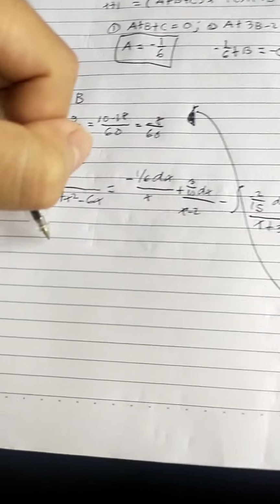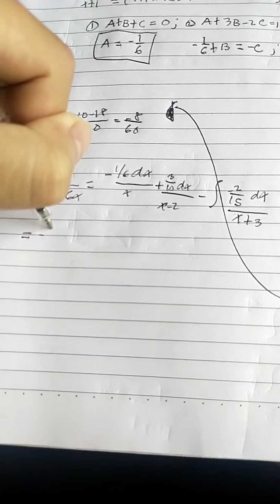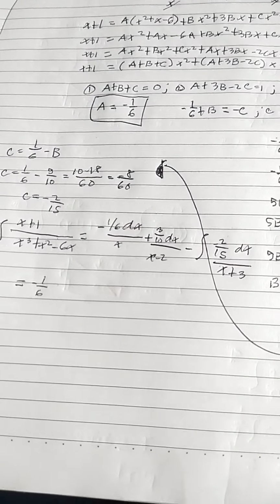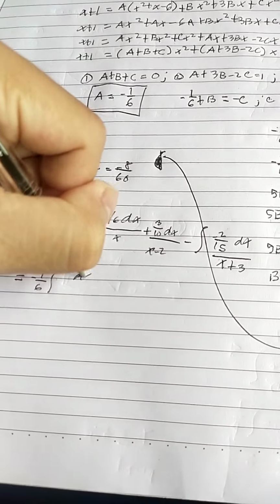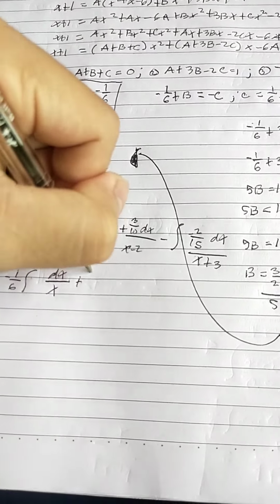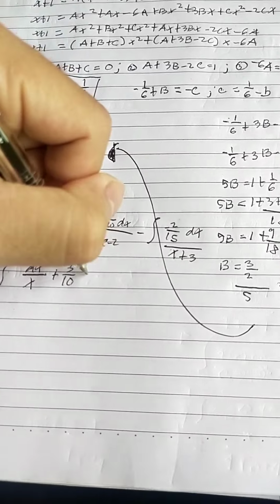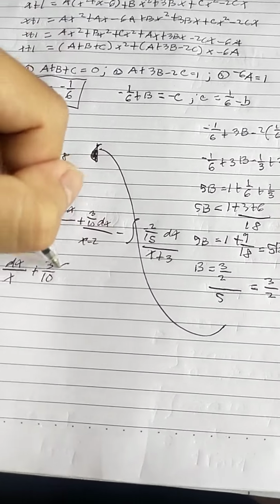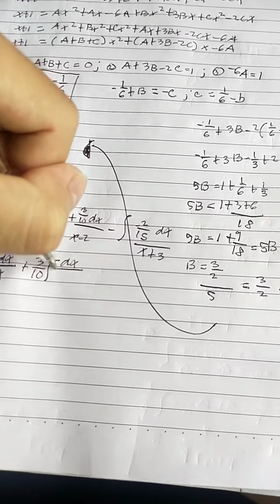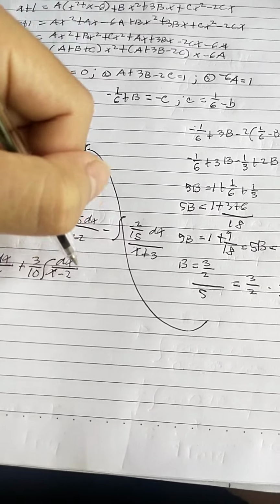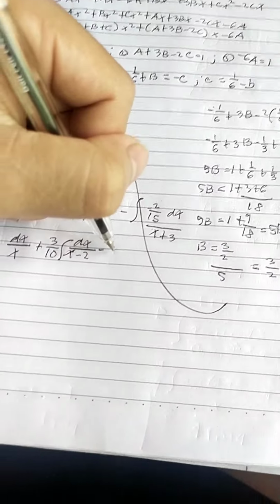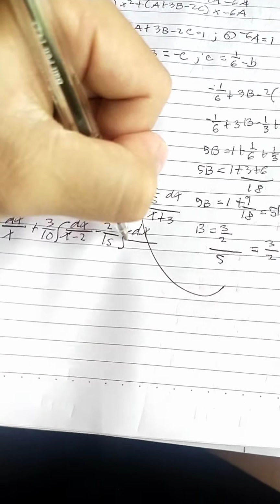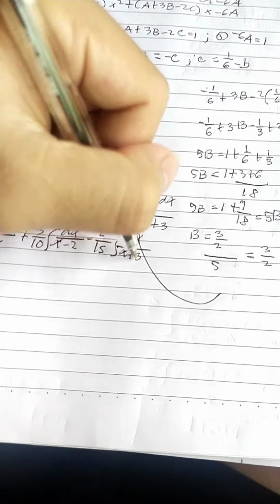So it is equals to negative 1 over 6 the integral of dx over x plus 3 over 10 integral of dx over x minus 2 minus 2 over 15 the integral of dx all over x plus 3.